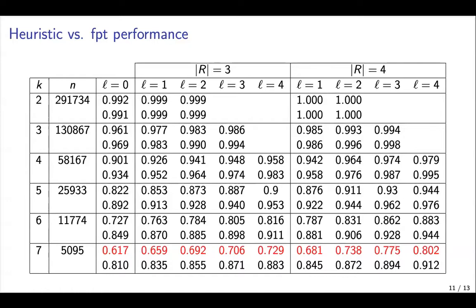You'll notice that for a large K, like K equals 7, there is a big gap between the heuristic performance and the FPT performance, exact solver performance, but for smaller Ks, the heuristic actually performs quite close to the exact solver.